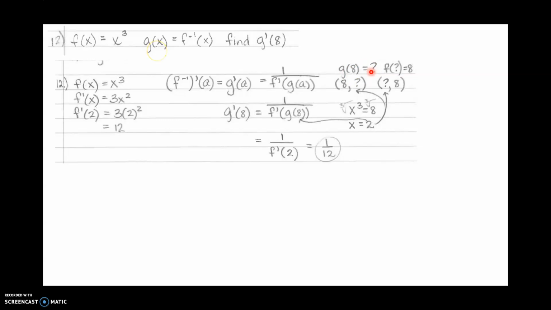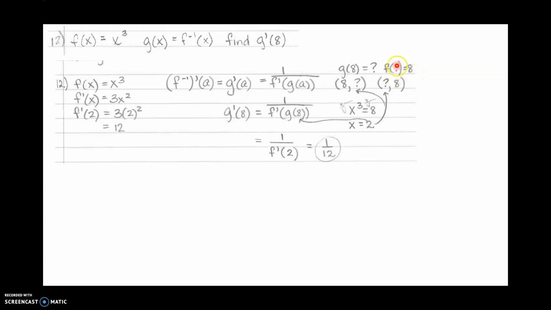So since they've told me g is the inverse of f, whatever this is, 8, something, would be something, 8 on the original. So for instance, if this was the point (8, 2), then this would be the point (2, 8).